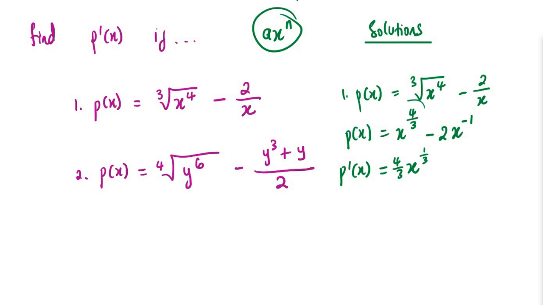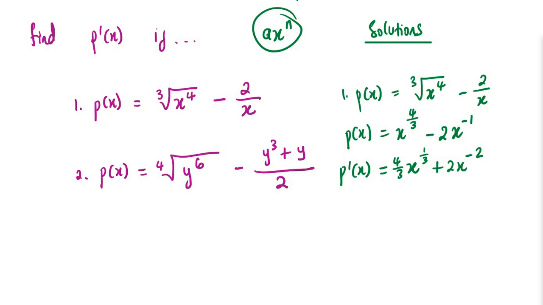And guys, when you apply the rules here, you must also apply the rules there. Don't say I will apply the rules here and still be simplifying this one. When you're applying the rules, you apply them at the same time. So minus 2 times minus 1 is positive 2, and then you subtract 1 from the exponent, you will get minus 2. So guys, that is your answer there.